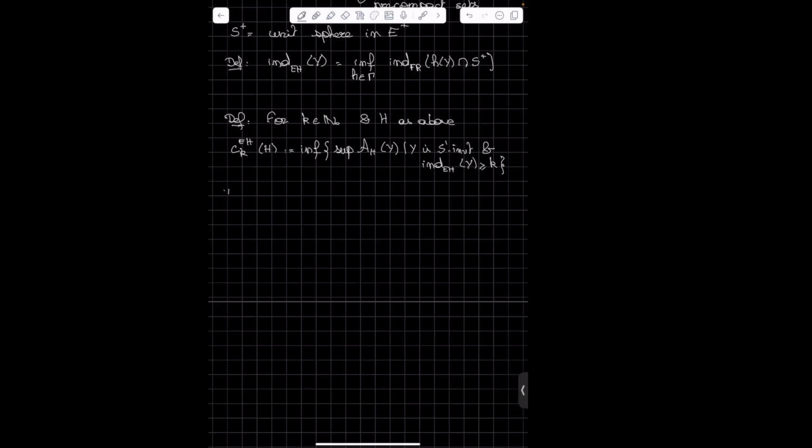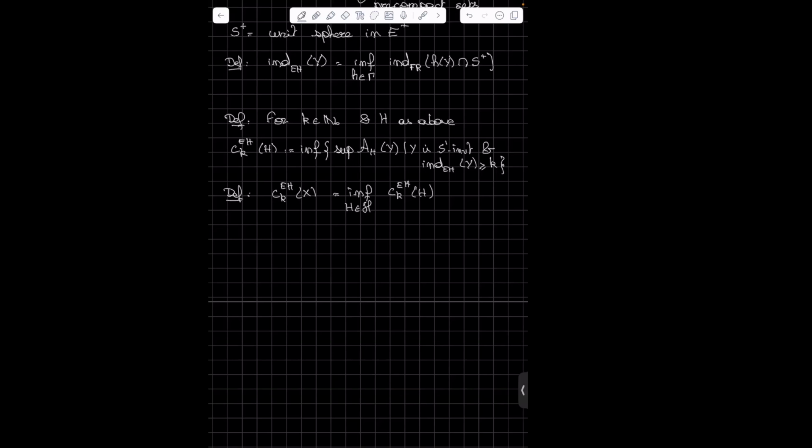And then the k-th Ekeland-Hofer capacity of X is the infimum over all, I'll call them, admissible Hamiltonians. The idea to have in mind is zero inside X and of the form constant times norm of X squared outside X. So take all those Hamiltonians and then take the infimum of the Ekeland-Hofer capacity of H over them.